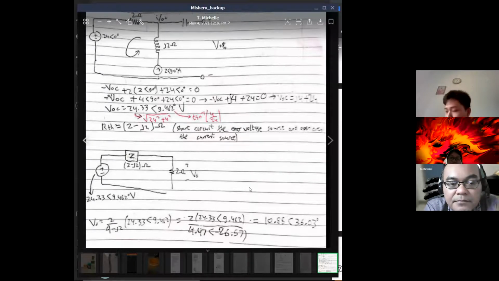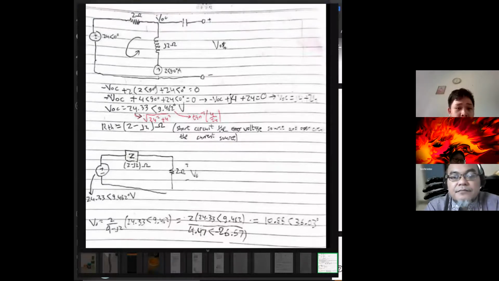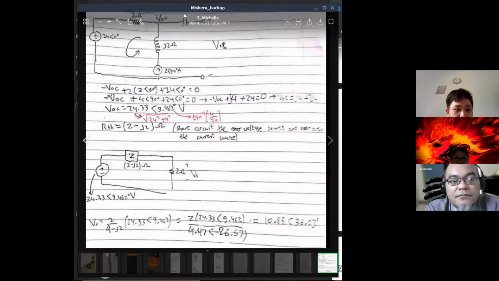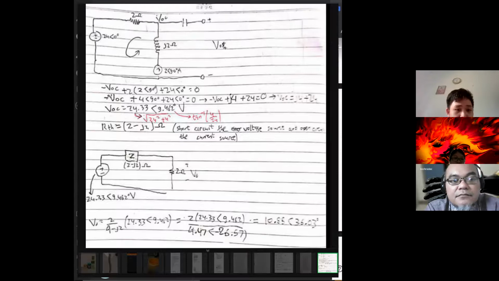Okay, next for the method using Thevenin's theorem. First, we open circuit the circuit. We find VOC first. VOC consists of this voltage source and 2 ohm. We calculate it. Negative VOC is equal to 2 times the current, which is 2 with 90 degree.